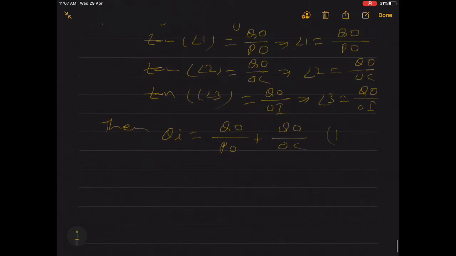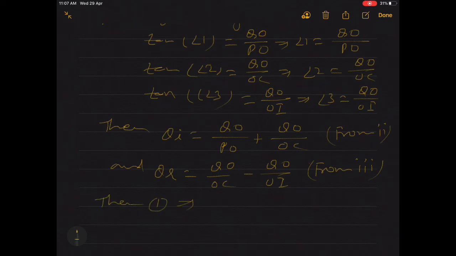So this we have obtained from equation number 2, and theta r is equal to 2 minus 3, so it will be QO upon OC minus QO upon OI. It is from equation number 3.